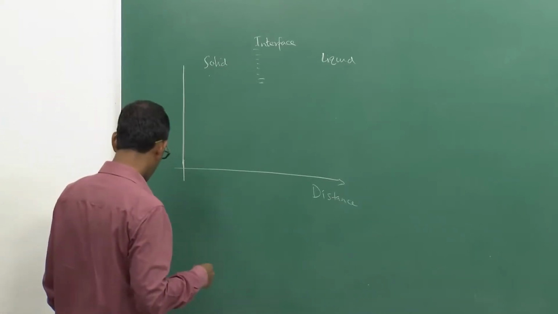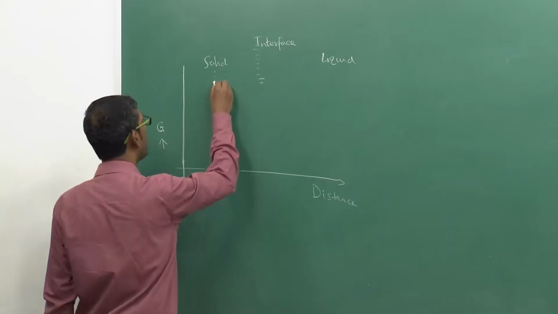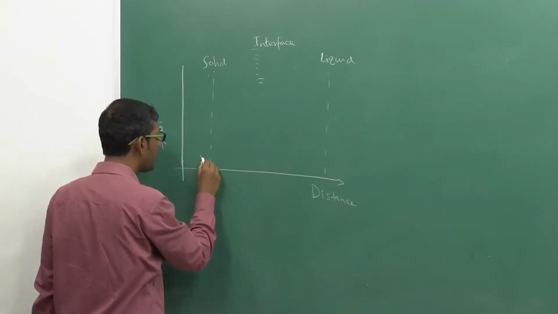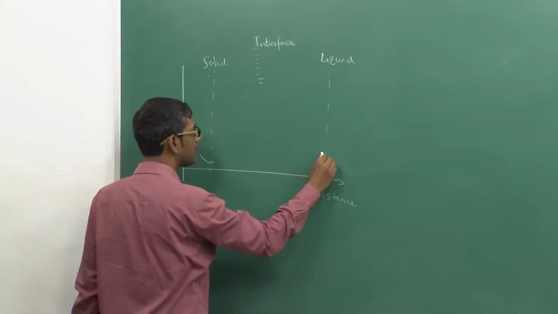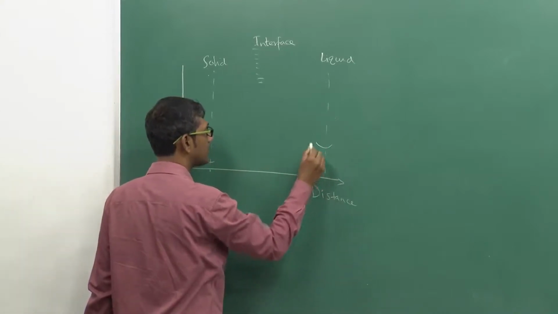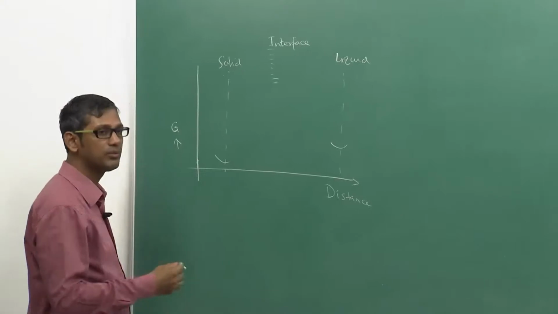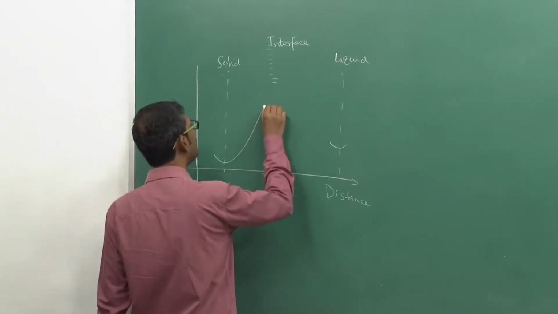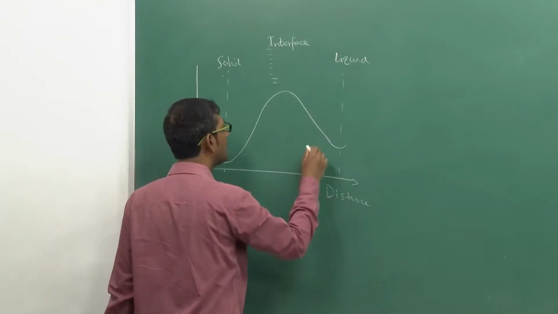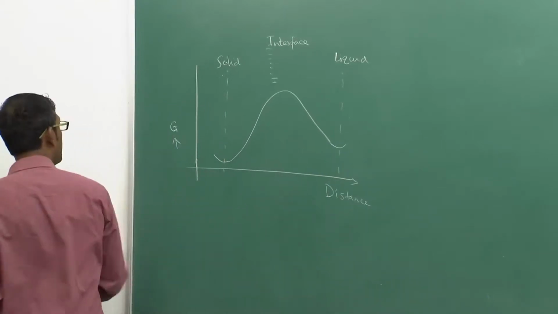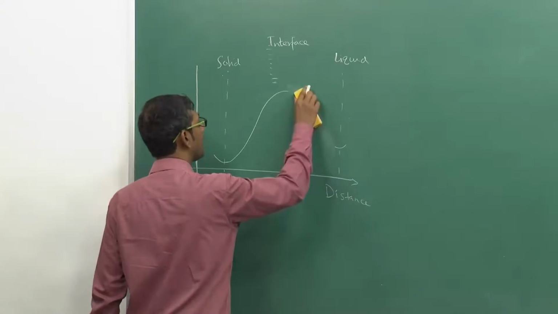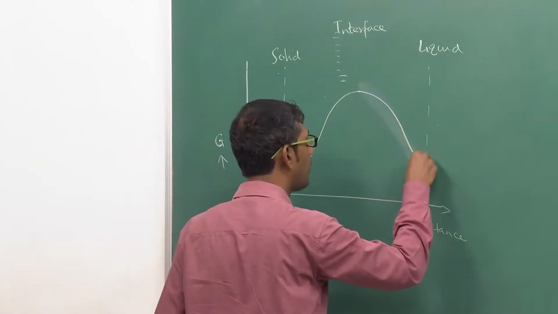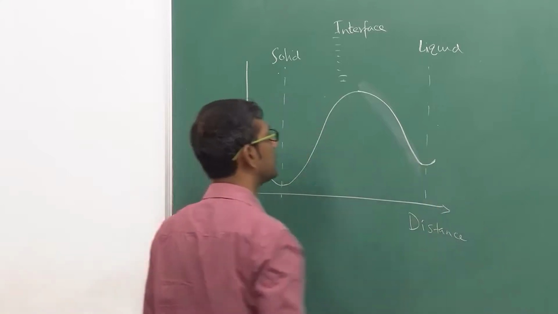So solid will always have lower energy than the liquid, because solid atoms are ordered and bonded. But at the interface, energy will be high, because atoms are undergoing a jump. That's the main reason they have more energy at the interface.